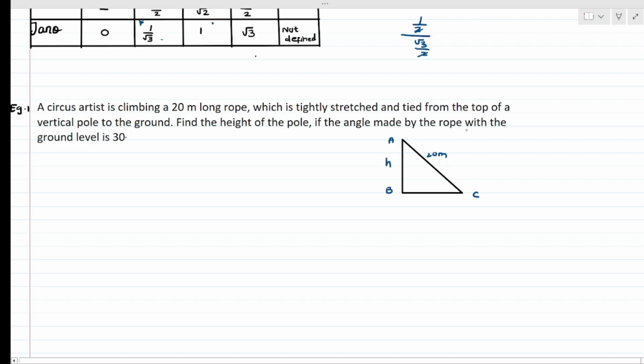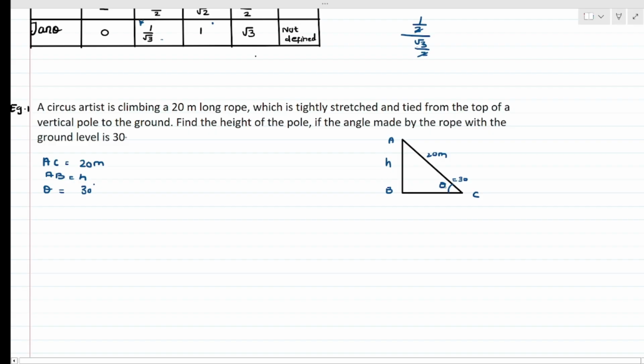If the angle made between the rope and the ground level is 30 degrees, that means theta over here is 30 degrees. Write down the values given. My AC is equal to 20 meters. My AB, I am denoting with H, and my theta is 30 degrees. Now what do I need to find? The height.